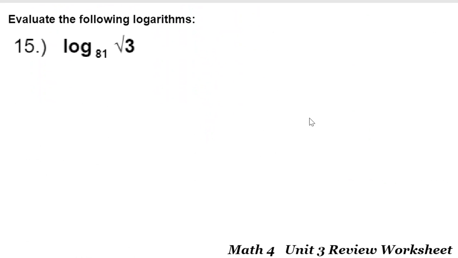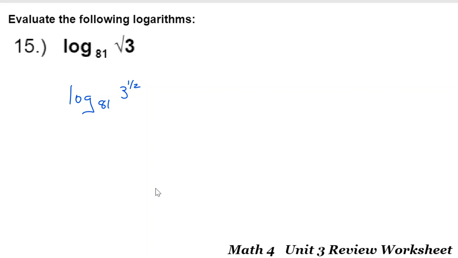All right, this one's a curious one. One thing is to remember that the square root is like doing something to the 1/2 power. Now, you almost feel like you're stuck here because as long as the 81 is in the base of the log, you can't really do anything with it.